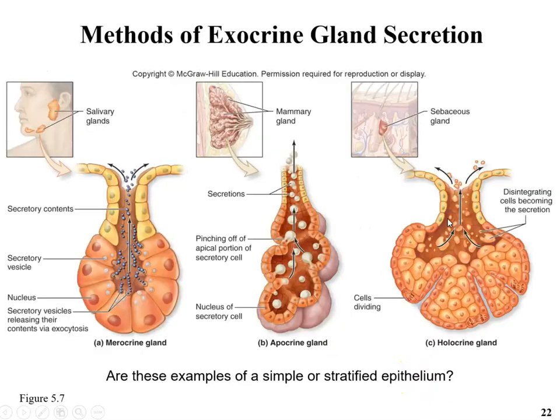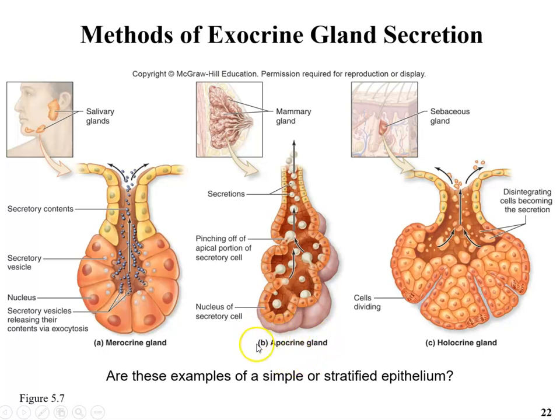And to show you what that looks like, here you have a merocrine gland, and you have the cells in the acinus here, which produce the secretion. And what's happening is these cells are producing vesicles that get secreted into the duct, and those vesicles go on, and they are the product of the gland.